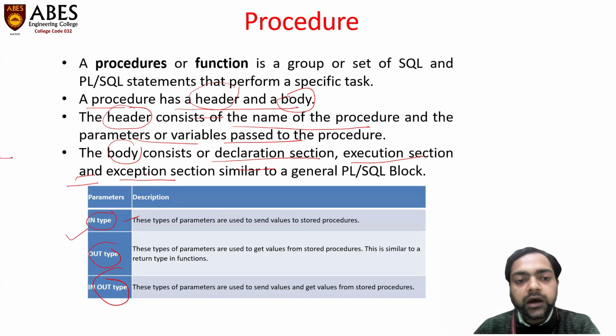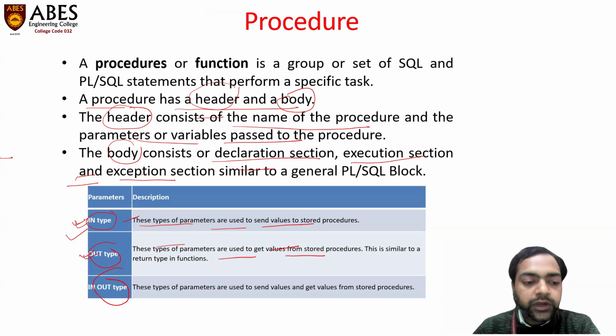Just like in a function, we are passing some parameters. The IN type parameters are used to send values to the stored procedures, so it is an input type parameter. Second, we have the OUT type parameter. These parameters are used to get values from the stored procedure, similar to the return type in a function.